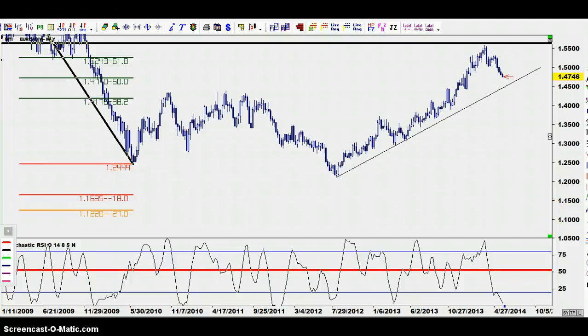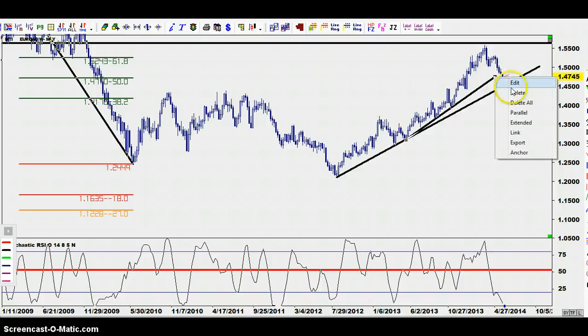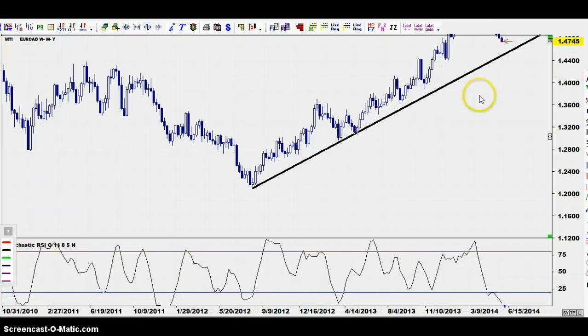Still hasn't done it either. Has it hit, no, it hasn't hit any. It hasn't actually broken a trend line yet. But there is quite a lot of excitement happening within that area.